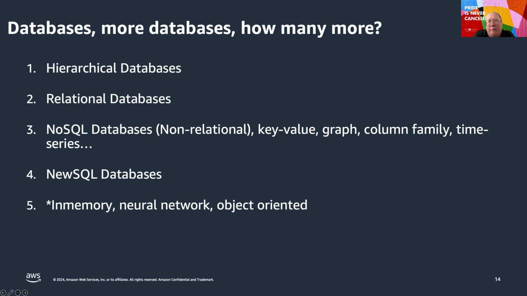And then you see a number 5 that has an asterisk in front of it. You see a lot of talk about in-memory databases, neural networks, object-oriented, et cetera. Those are all approaches that can be found in relational databases, in NoSQL and NewSQL. So for example, if you look at object-oriented programming languages, you might see their features being implemented in relational databases, in NoSQL databases, and NewSQL.